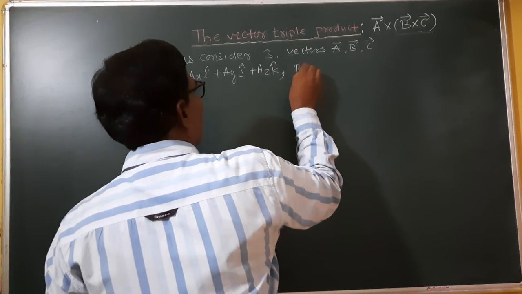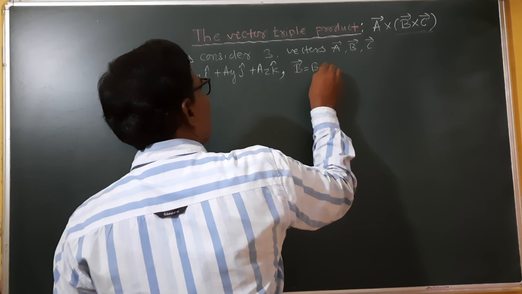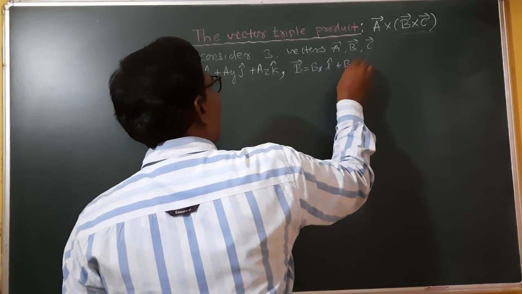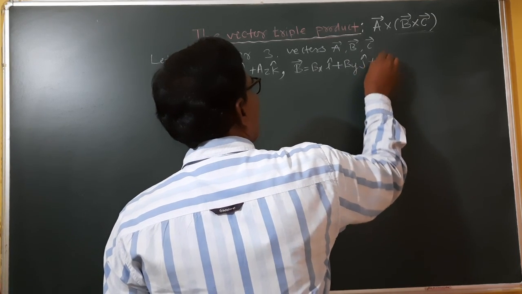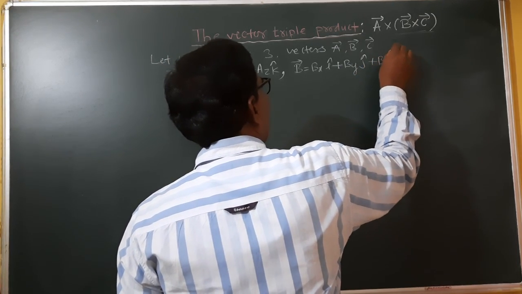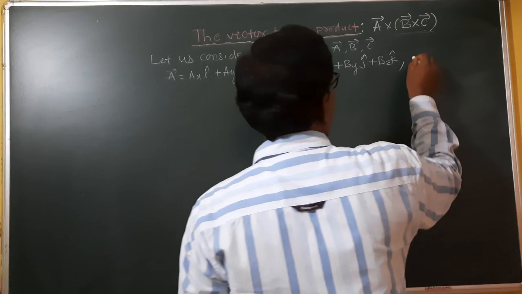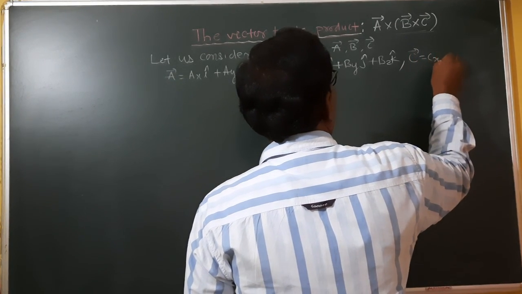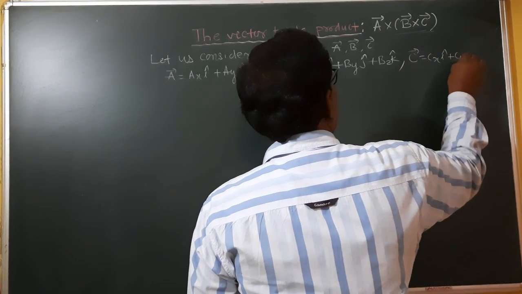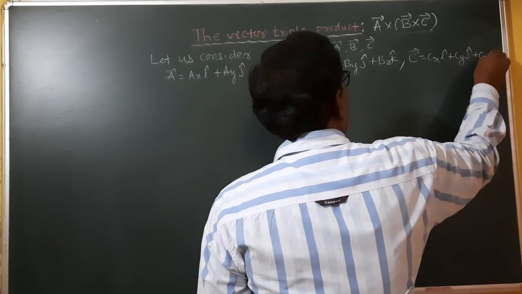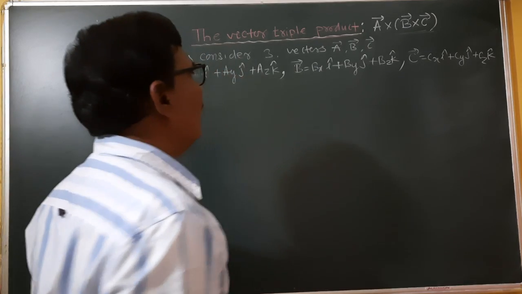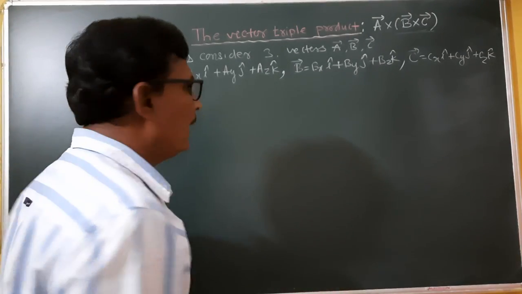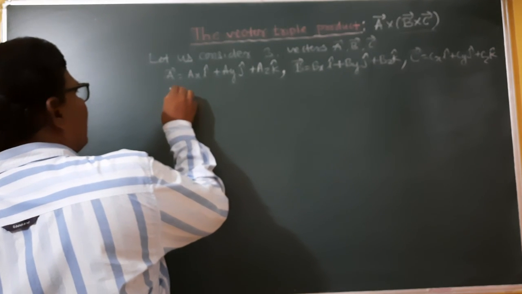B bar is equal to Bx into I cap plus By into J cap plus Bz into K cap. And the third vector C bar is equal to Cx I cap plus Cy J cap plus Cz K cap. These are the three vectors we have to consider.